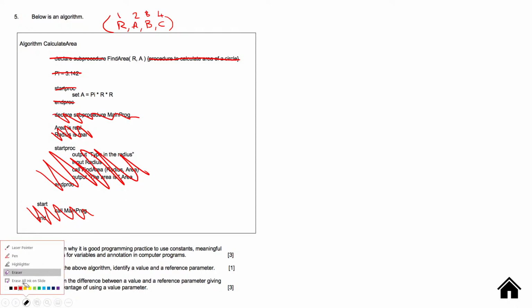All you need to know is that in this line of code here, it says set A. As soon as I read the word set and I see this equals symbol, this equal symbol means assignment. So whatever the calculation of this is, it's going to be put inside the A variable. And because of that, you're changing the value of A. And if you're changing the value of A, that means you're passing it by reference because you need to be able to change it in its original location in memory.